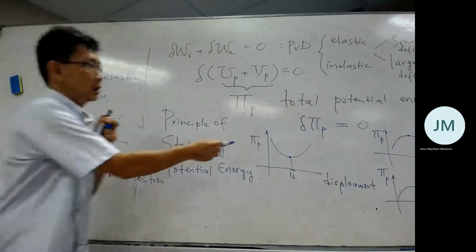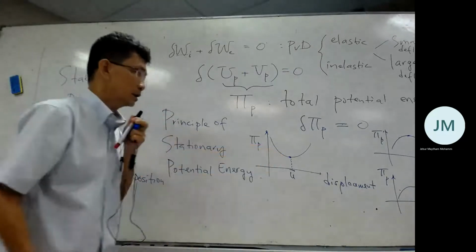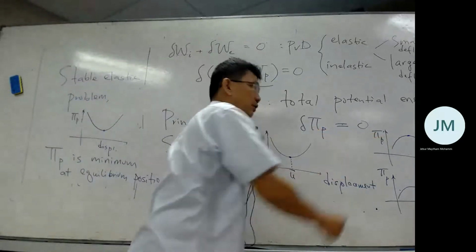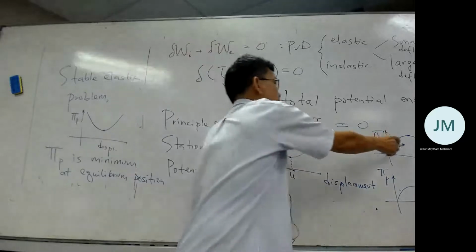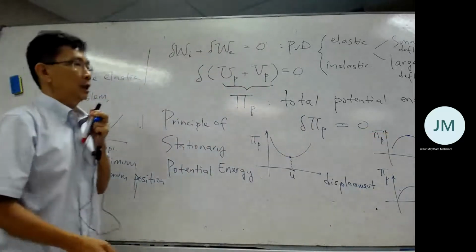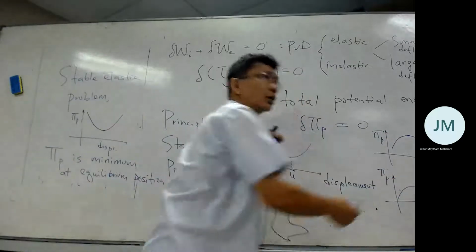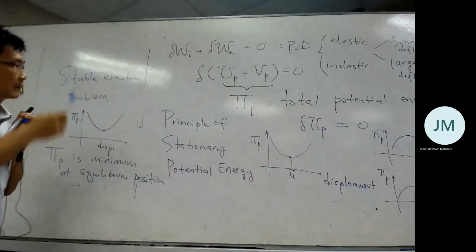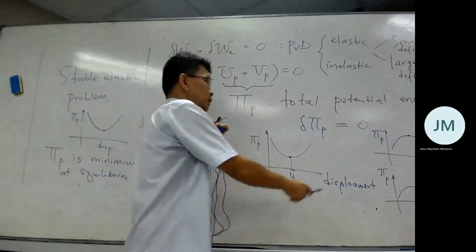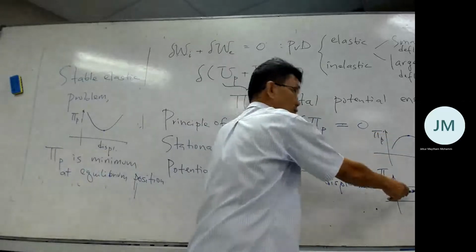So this is the case for stable elastic problem, equilibrium. This is for the case of unstable elastic problem, and this is for the case of neutral elastic positions. This is stable equilibrium, this is unstable equilibrium, this is neutral.